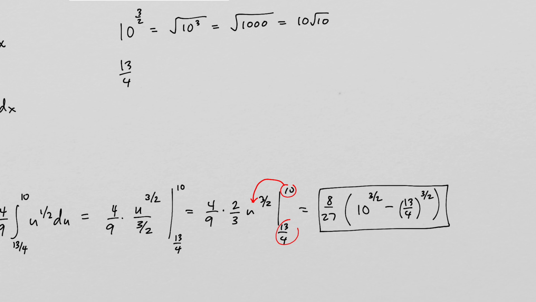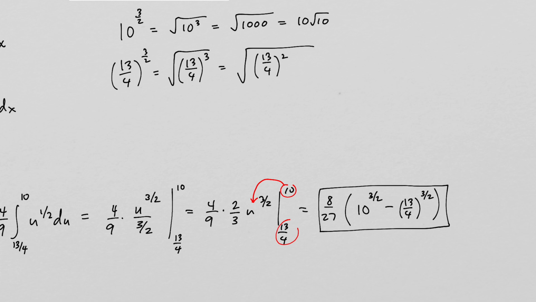Now, 13/4 to the 3/2 is a little bit more work. We're going to have 13/4 cubed, and then the square root of that. Let me write this as the square root of 13/4 squared times 13/4. The square root of 13/4 squared is 13/4.